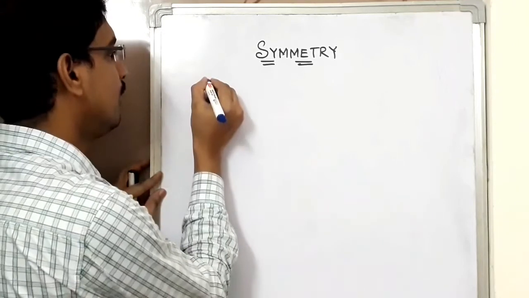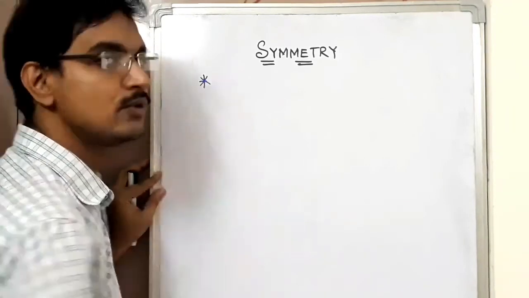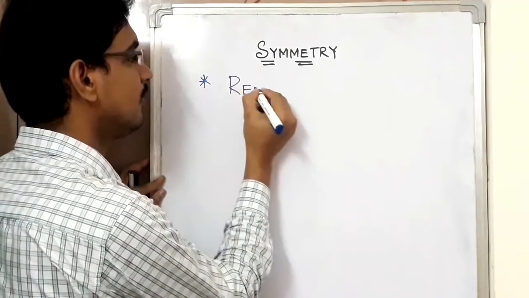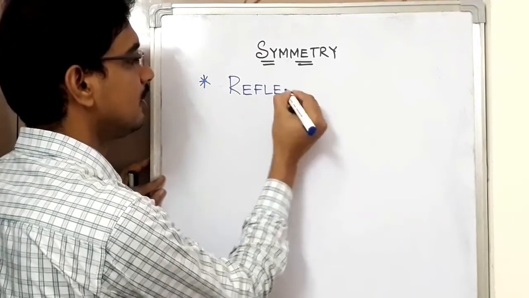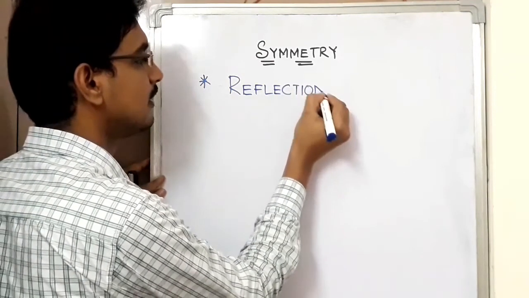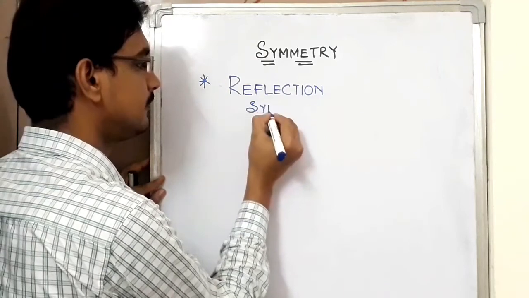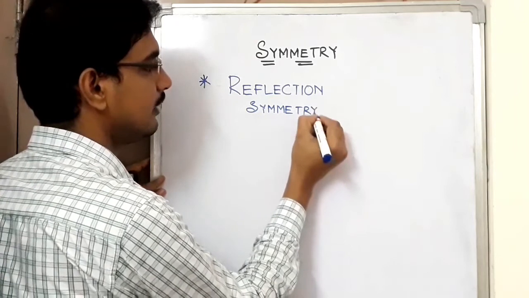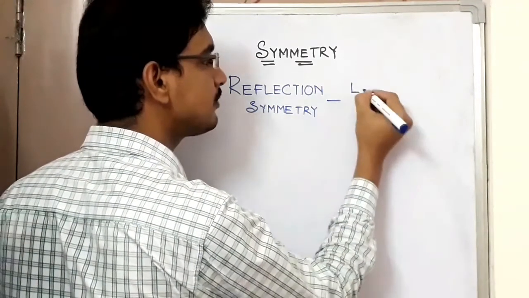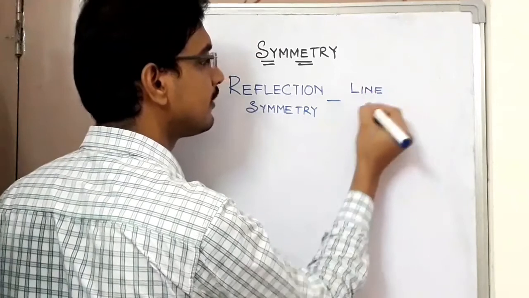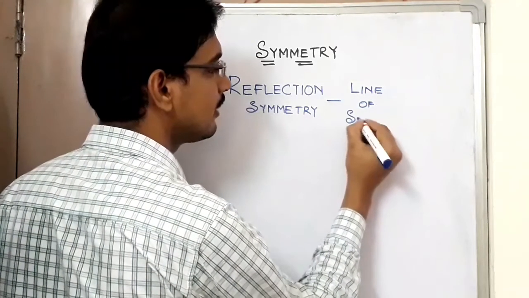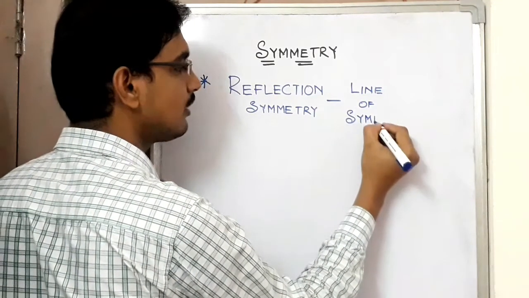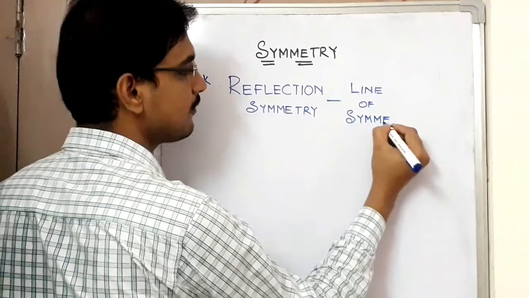In symmetry, the concepts which we are going to see are reflection symmetry. In this, you will have an important concept called line of symmetry. In reflection symmetry, the subtopic is line of symmetry.